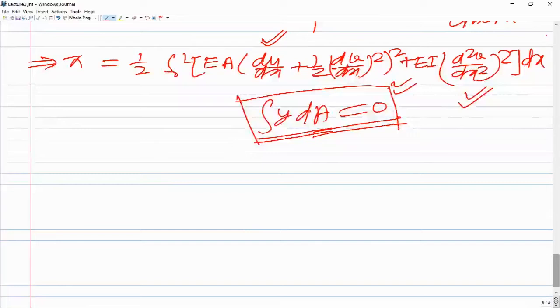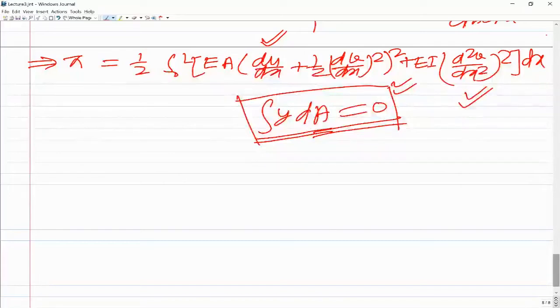In many applications we will take the integral functional and develop the element level governing equations from there. But let me also demonstrate how to develop the finite element level governing equations from the weak form.